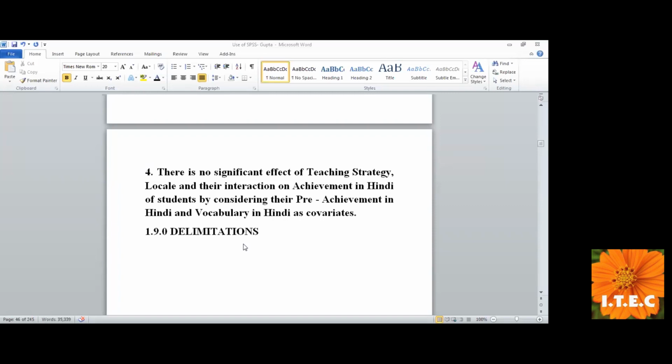Another point I noticed was that some people have written research questions in place of hypothesis. That means neither the guide understands hypothesis nor the researcher. Because hypothesis is not a question.